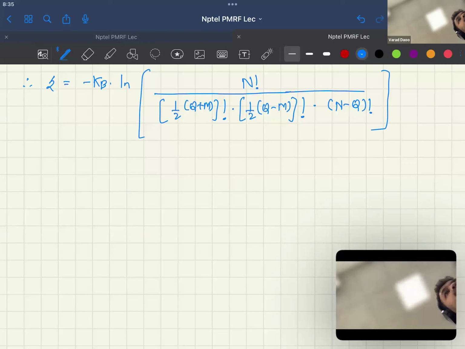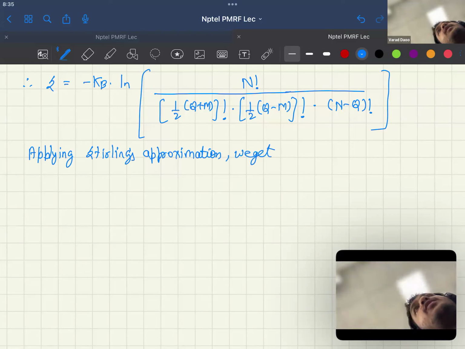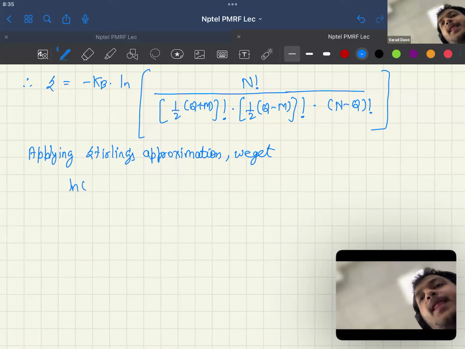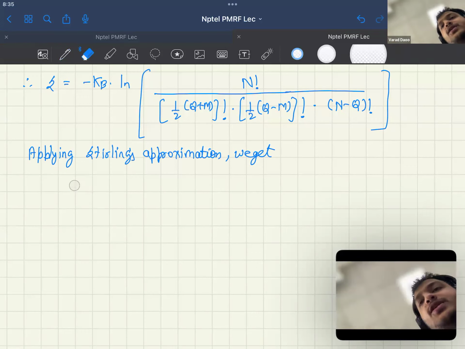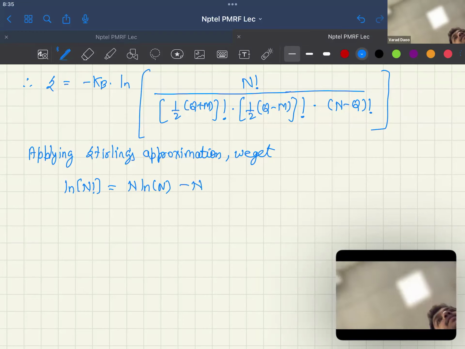Now applying Stirling's approximation, what is Stirling's approximation? It is ln of N factorial is nothing but N ln N minus N.